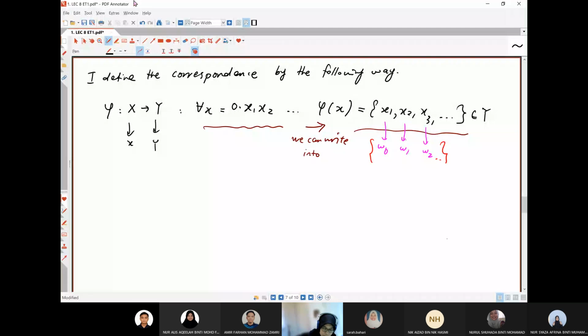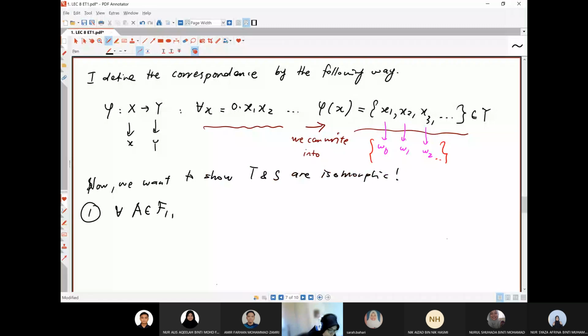The first property: we want to show T and S are isomorphic. For any A in F1, the image of A is in F2.